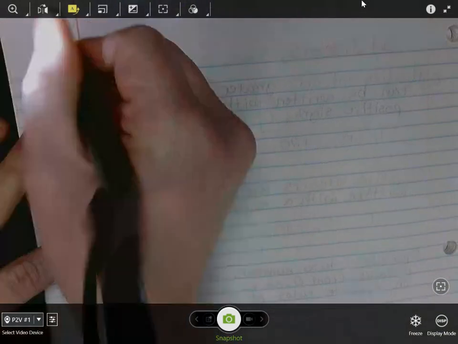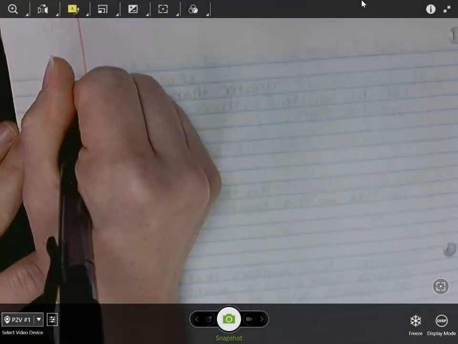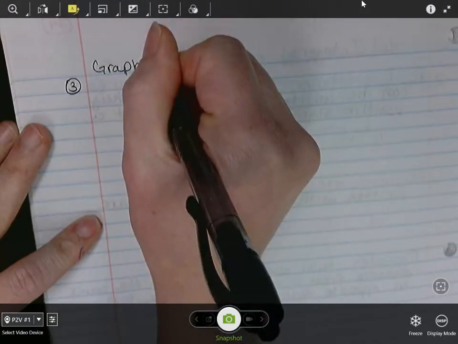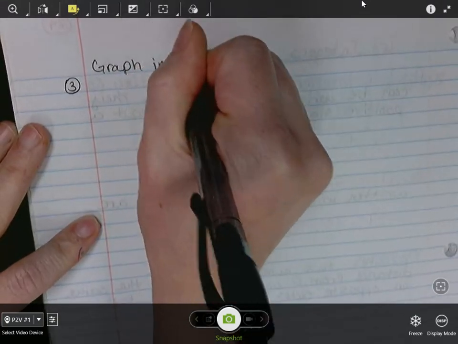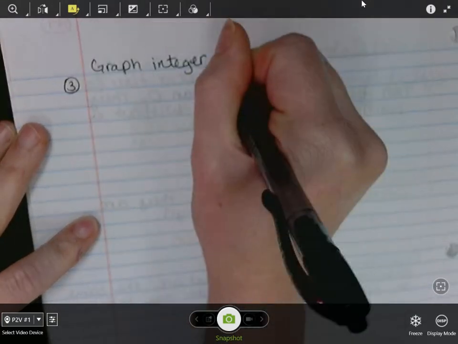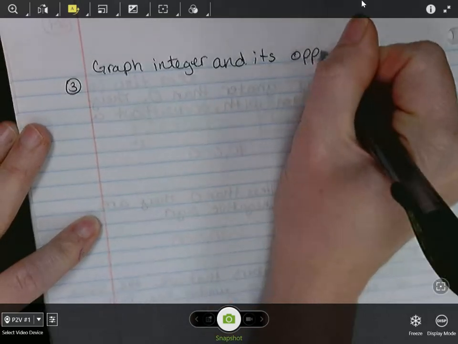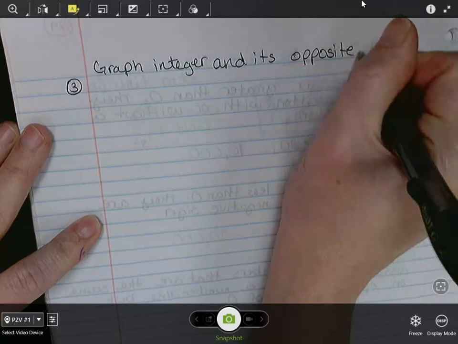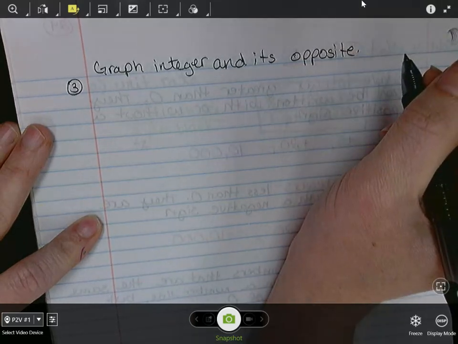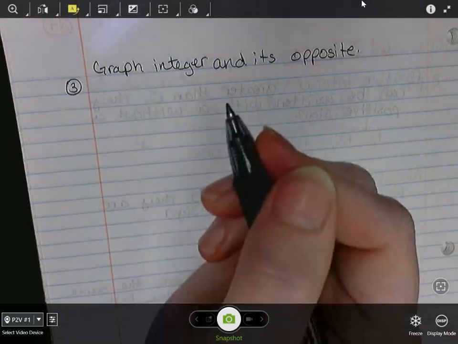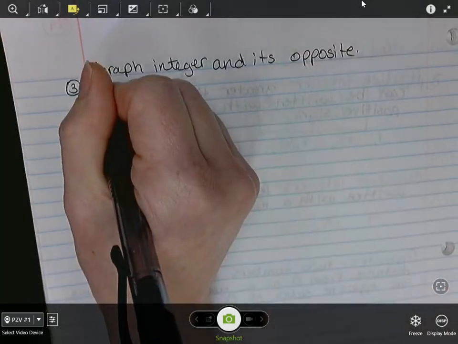All right. In this example, it wants us to graph each integer and its opposite. So graph the integer and its opposite. All right, so the number that I want you to graph is the number 2.